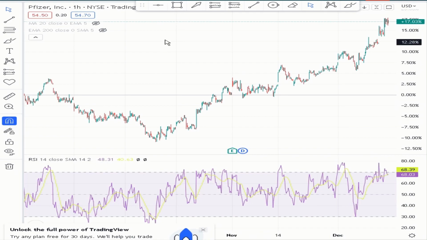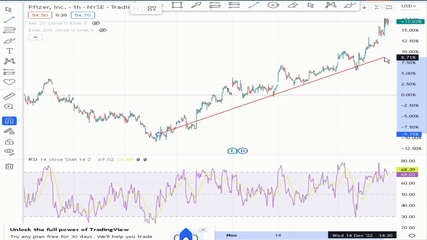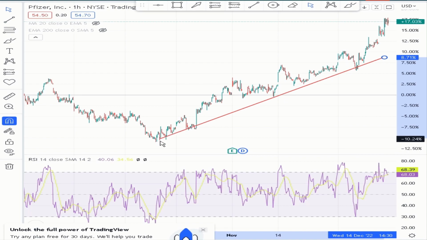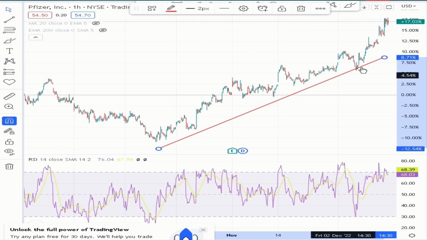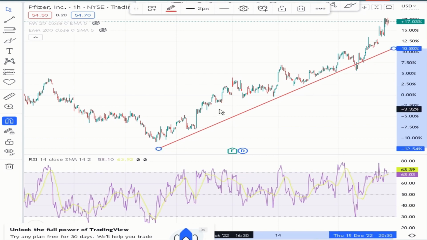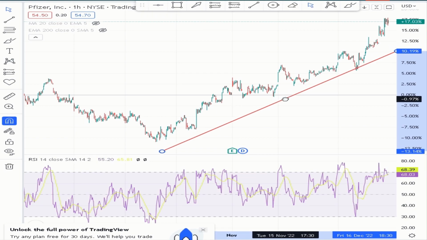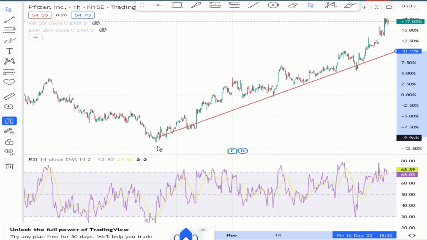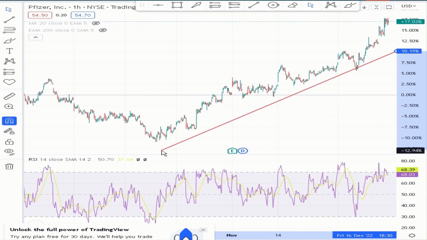As you can see, there is a series of higher highs and higher lows all over the map. Even a kid can tell, right? You don't have to have a high education or a degree for that. If it's totally going uptrend, you can tell by just looking at it. And if you're not able to locate or identify that, I think you have to read again.